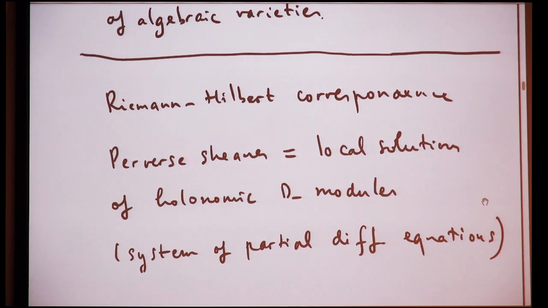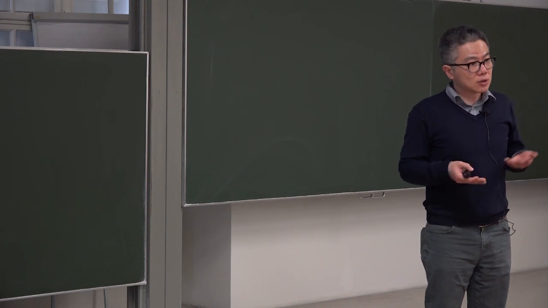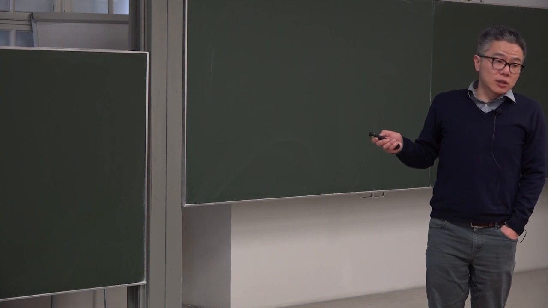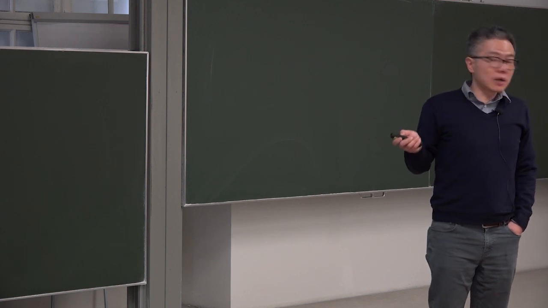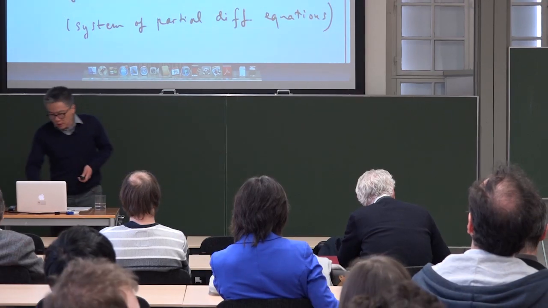There are some special systems of PDE called holonomic PDE, and this was very important in the 70s. There is an equivalence of categories between perverse sheaves and holonomic D-modules, and perverse sheaves are just solutions of PDE. So that is the connection between topology and analysis.